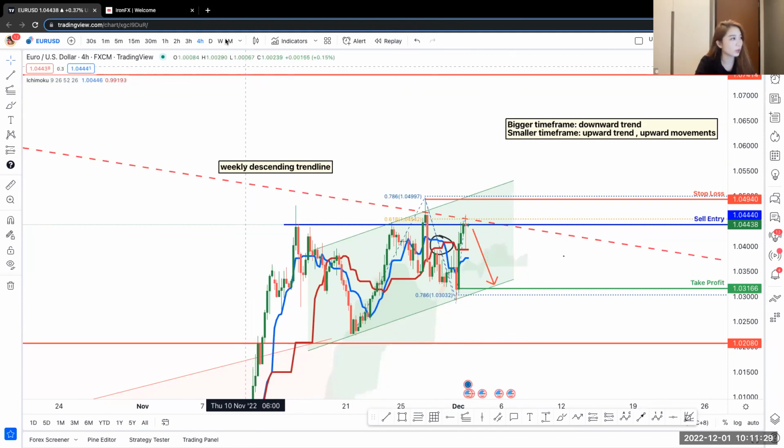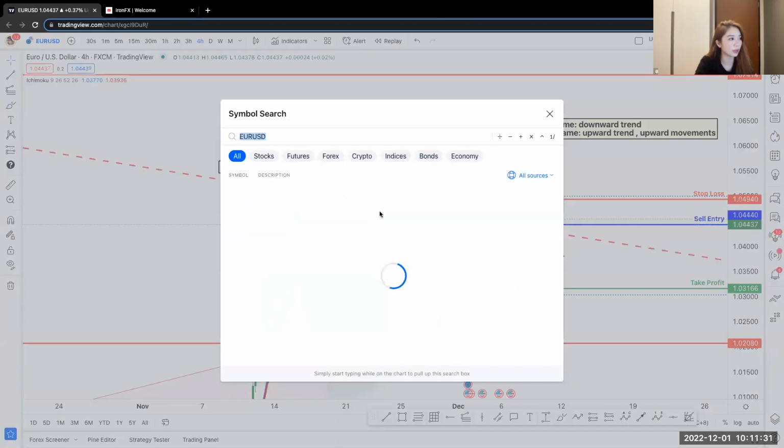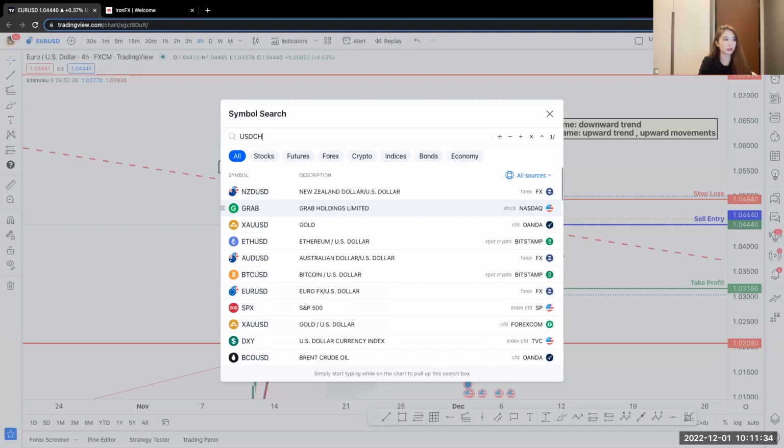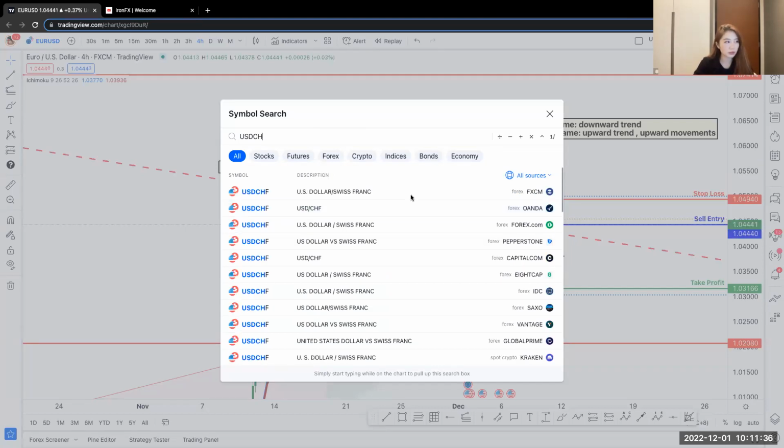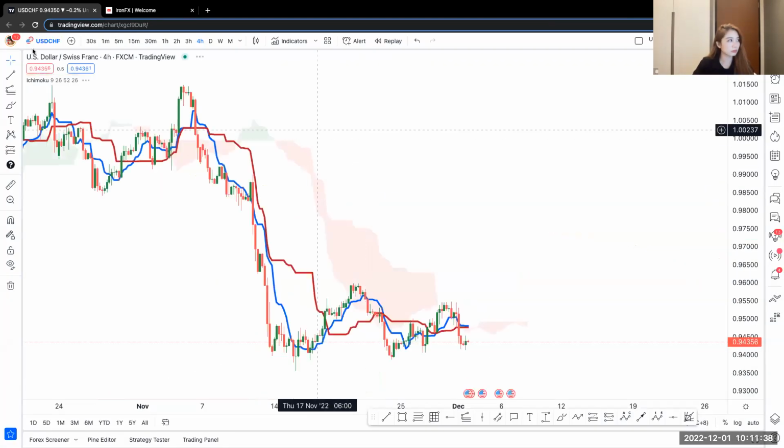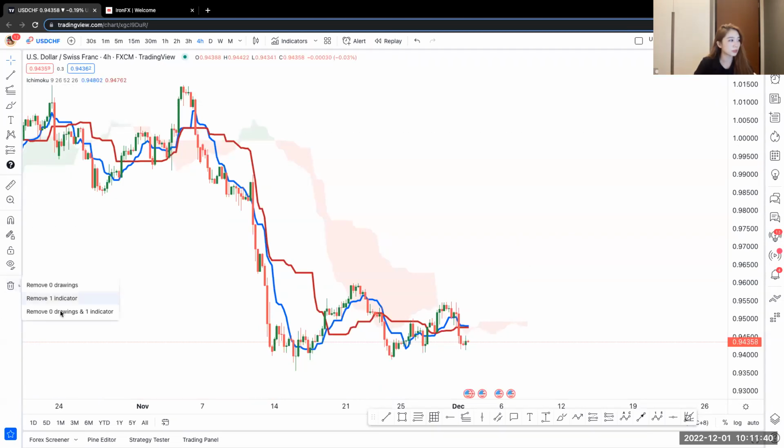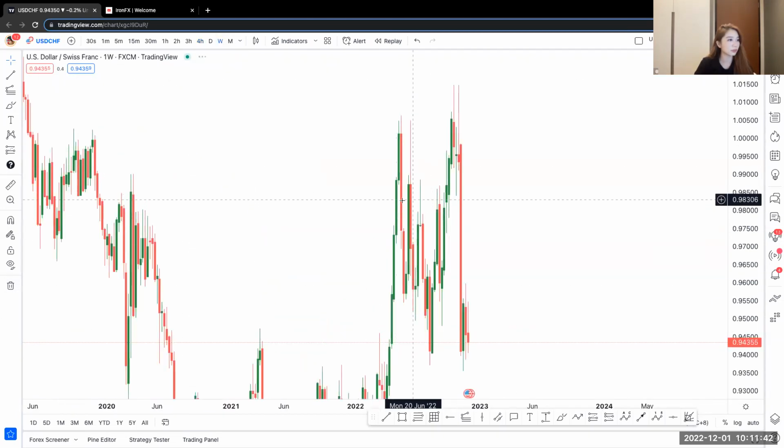Okay, so if not, we can proceed with another pair, maybe dollar franc. Lay out everything. Let's start from the weekly.